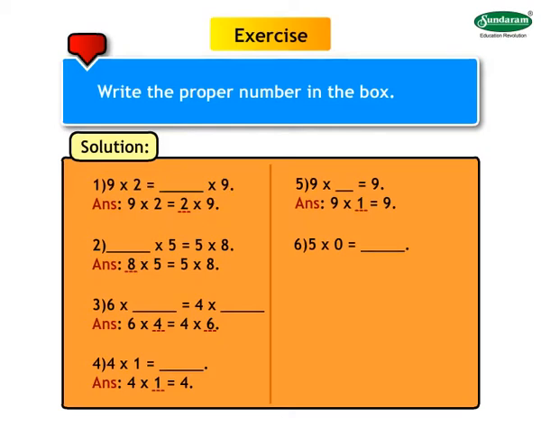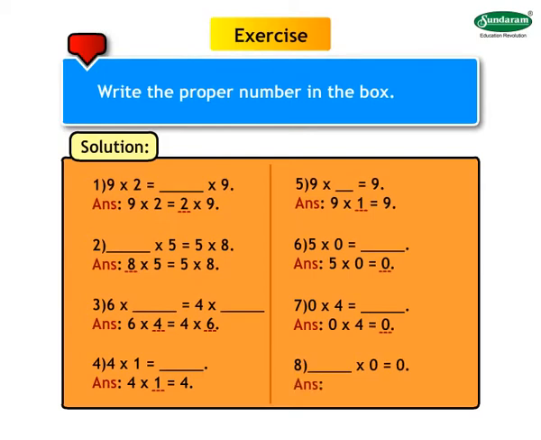As the product of any number and 0 is 0, 5 into 0 is equal to 0. 7. 0 into 4 is equal to dash. The answer is 0 into 4 is equal to 0. 8. Dash into 0 is equal to 0. The answer is 0 into 0 is equal to 0.